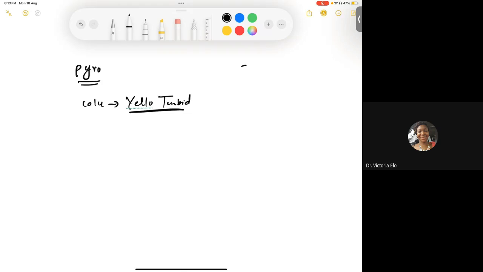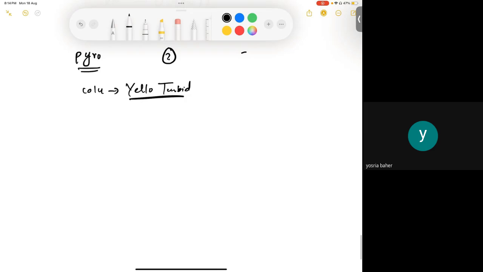Pus is turbid and yellowish, right? And what is pus, as we discussed? Pus basically is dead neutrophils along with dead debris, so it's going to be yellow and turbid.